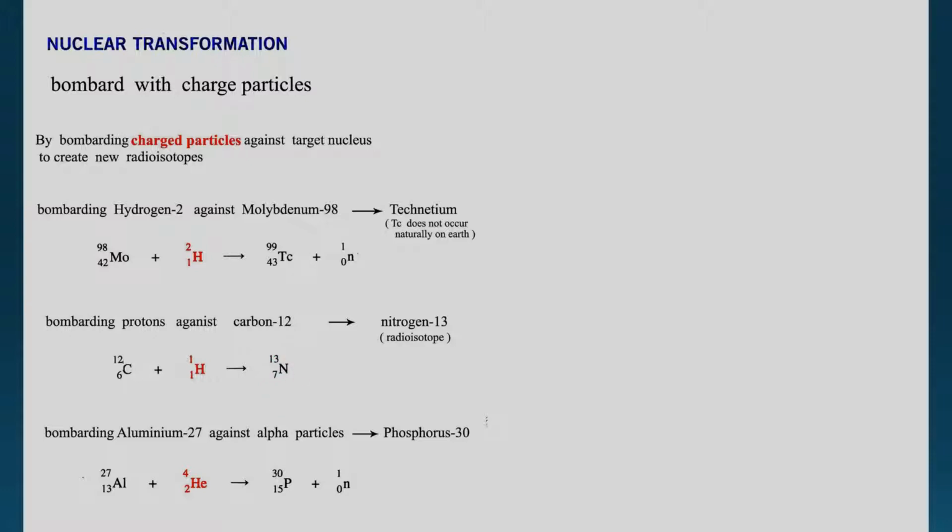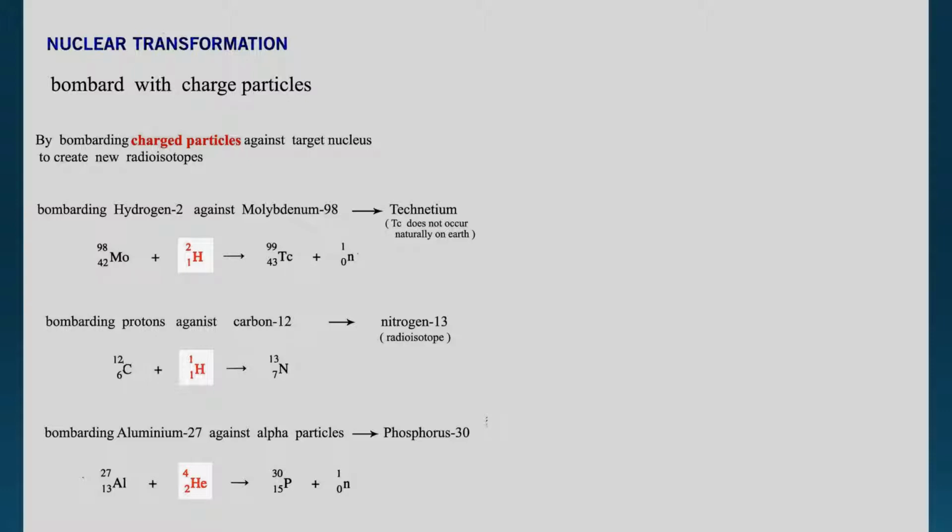The third example, you shoot it with an alpha particle. How do you represent an alpha particle? He, helium, if you remember from the last lesson. Mass 4, charge 2. You shoot it onto aluminium-27 and it forms a new particle.